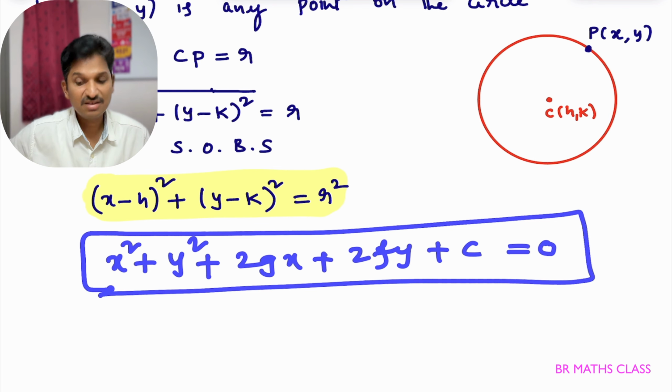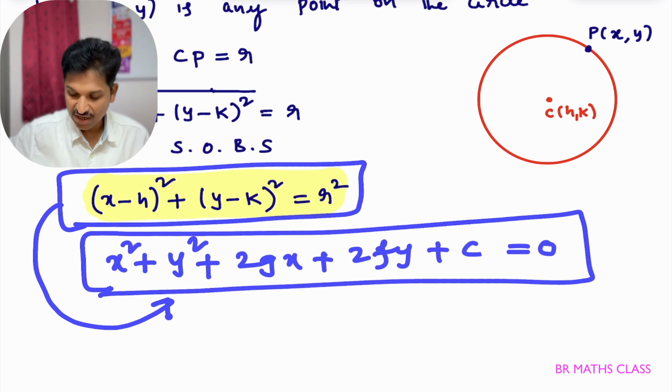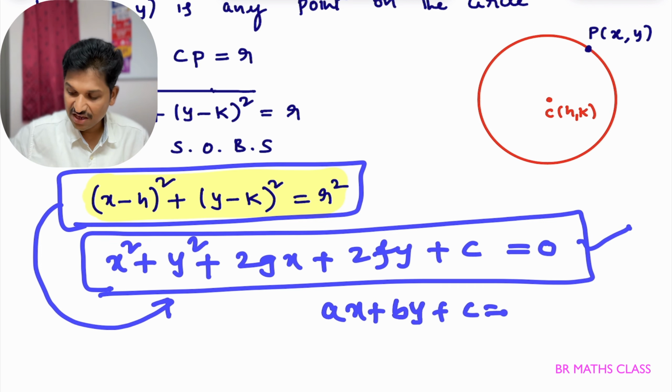This is the main one. When I simplify this, you will get an expression like this: x square plus y square plus 2gx plus 2fy plus c equal to 0, which is called the general form of a circle. For example, the general form of a straight line: in the straight line chapter, if anyone asks what is the general form of a straight line, you will say ax plus by plus c equal to 0.